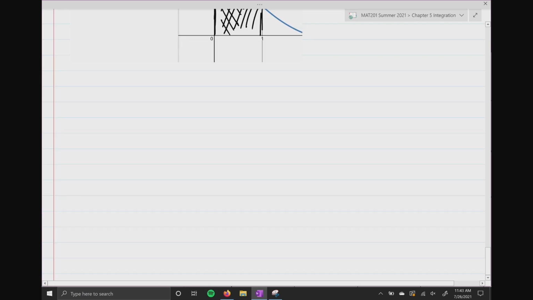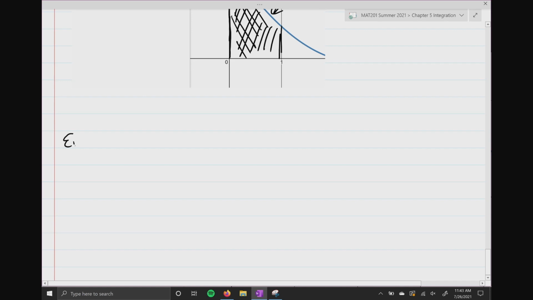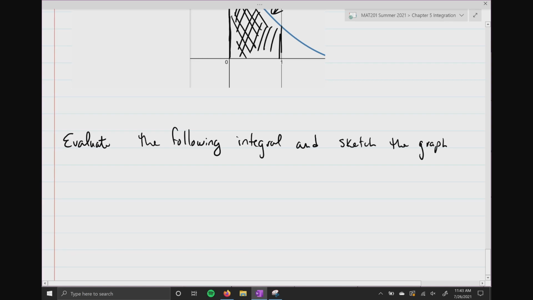All right, so here's our next integral. Evaluate the following integral and sketch the graph of the integrand and shade the region that you want to find.